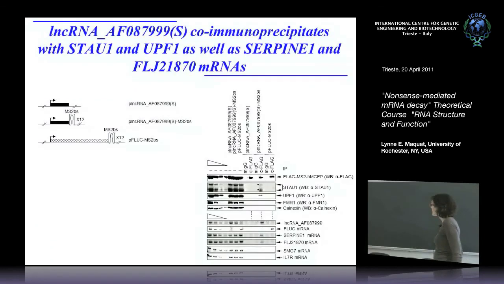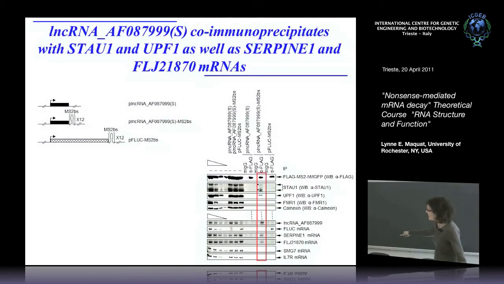And let's just focus on the anti-flag IP, where he purified the flag-tagged protein and the long non-coding RNA, and together with it, Stauffen and UPF1, and the 2 mRNAs that he predicted would anneal to the long non-coding RNA, but not irrelevant mRNAs. And IL-7R is another SMD target.